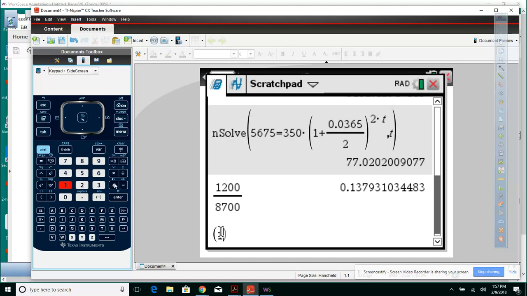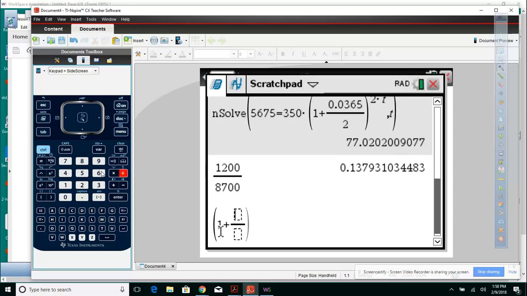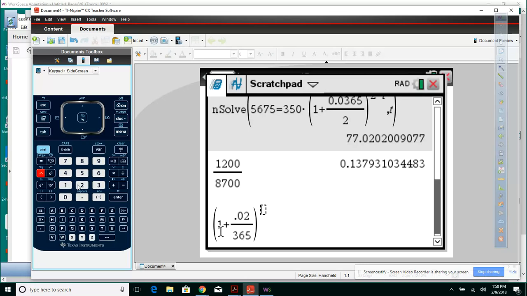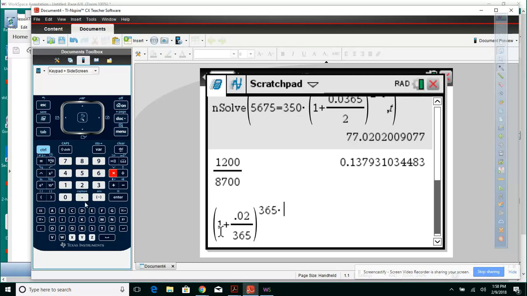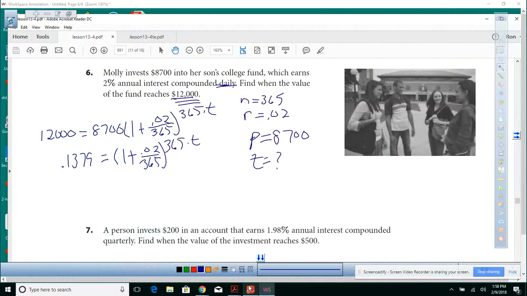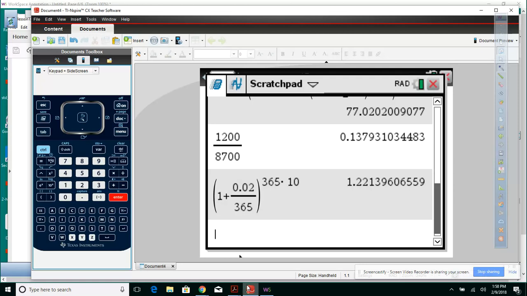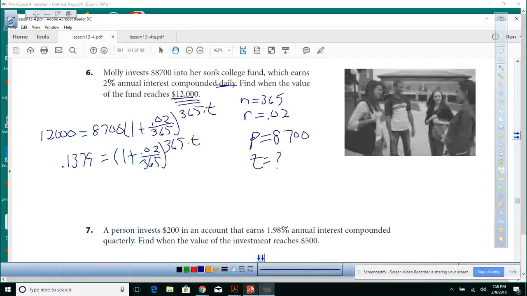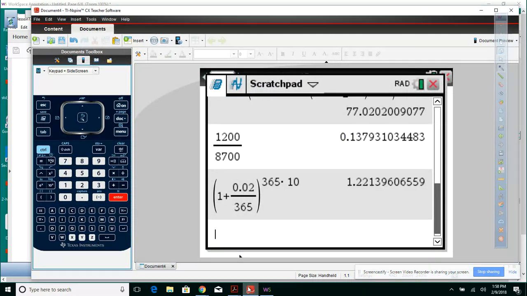Open parentheses, 1 plus 0.02 over 365, caret 365 times, and I'm going to shoot for 10 first to see what 10 gives us. 1.22, and I am looking for 1.379. Why am I getting 1.22 here?